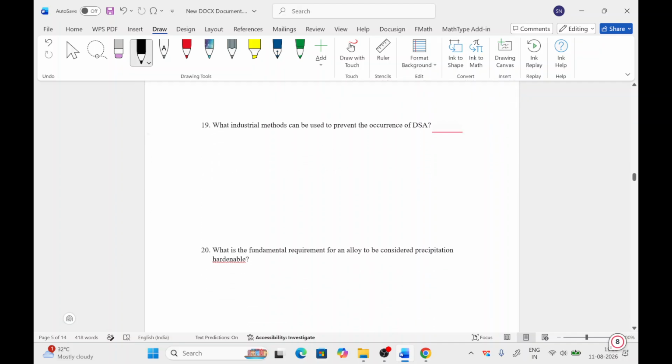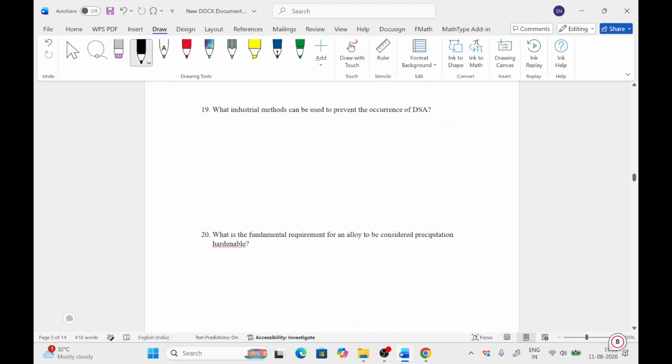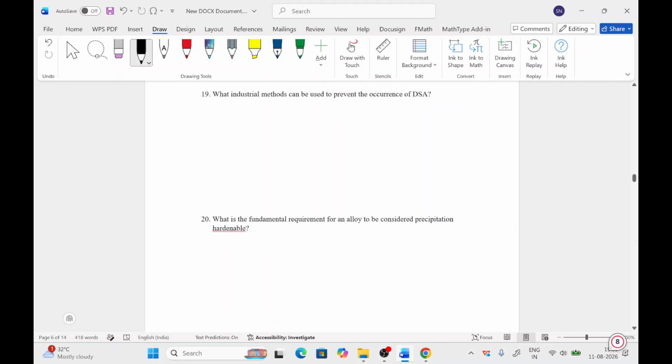Next question is what industrial methods can be used to prevent the occurrence of dynamic strain aging? Dynamic strain aging means we have to apply more stress and the deformation is not regular.